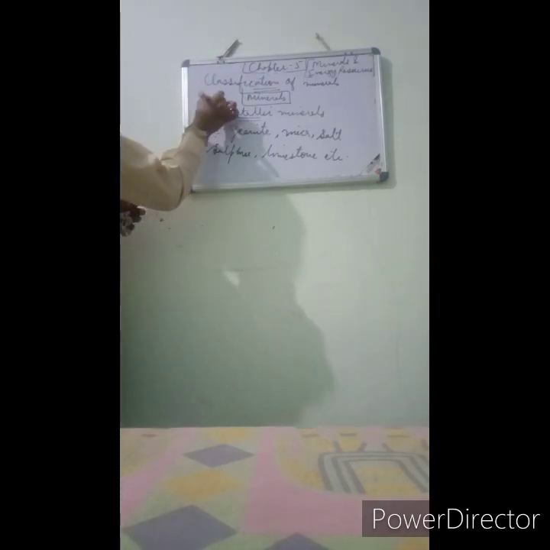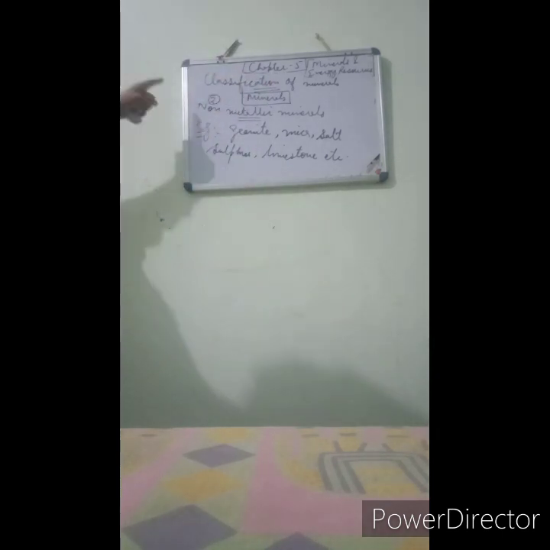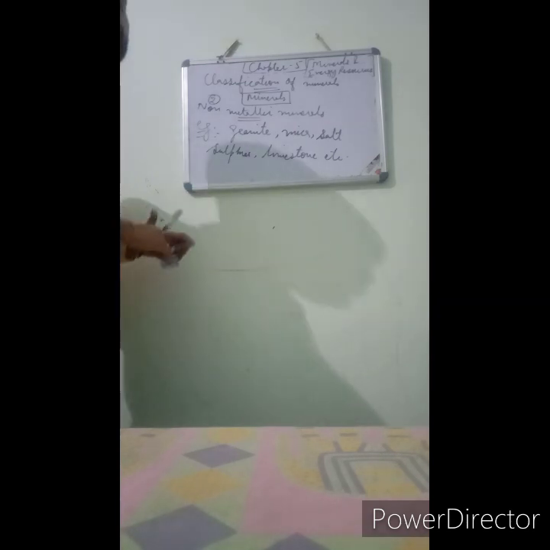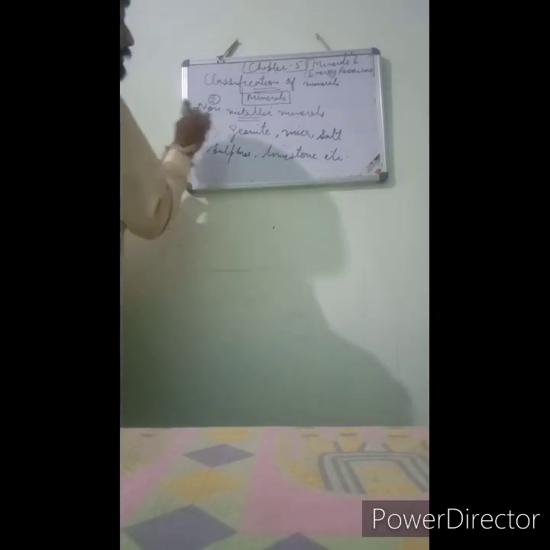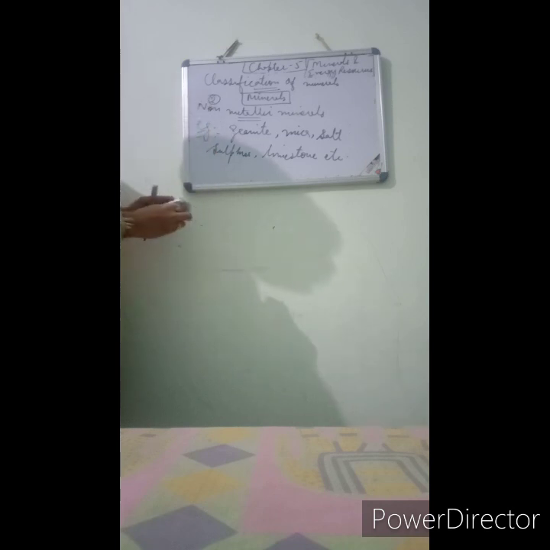Next, number three in minerals. This was number two, non-metallic minerals. Now number three in the minerals, that is the energy minerals. Please write down the third point and underline in your books.